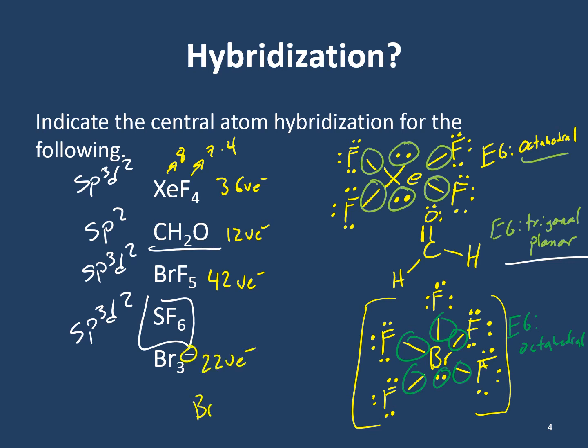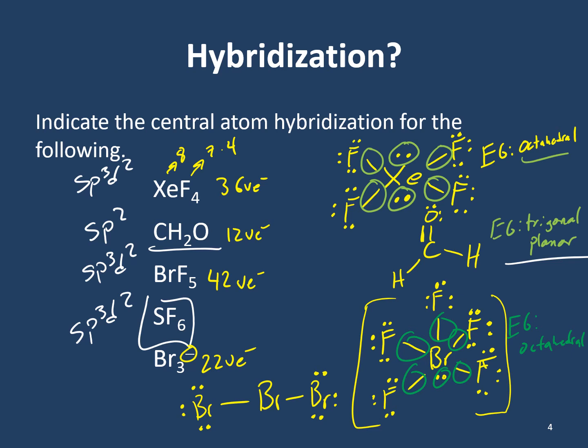I'm going to take my 3 Brs and attach them to each other. Then I'm going to put lone pairs on the terminal atoms. And if we look at how many electrons I've used so far, I have used a total of 12 from the lone pairs and 4 from the bonds, which gives me a total of 16 valence electrons used.